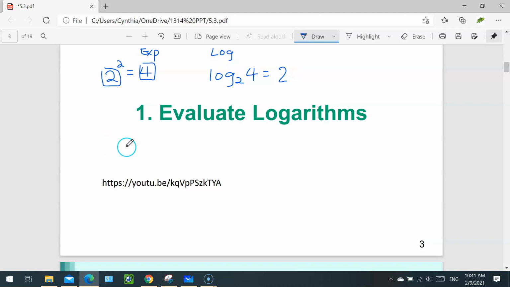We do one more practice. 2 to the power negative 1, this is a half. Convert the exponential form into logarithm form. You write down the log. Base number is 2. The result is half, equal to the degree power negative 1.